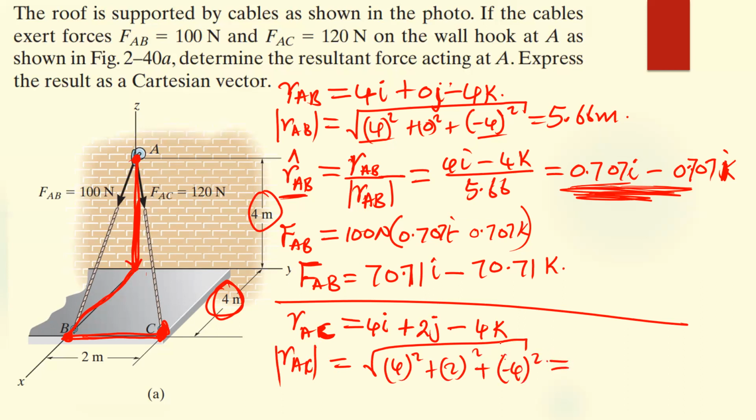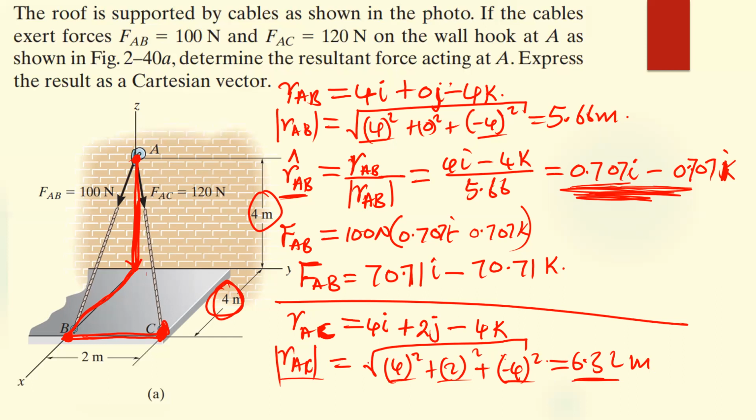So we have 16 plus 16, that is 32, plus 4, that is 40. So we have the square root of 40, which is 6.32, the magnitude of rAC.